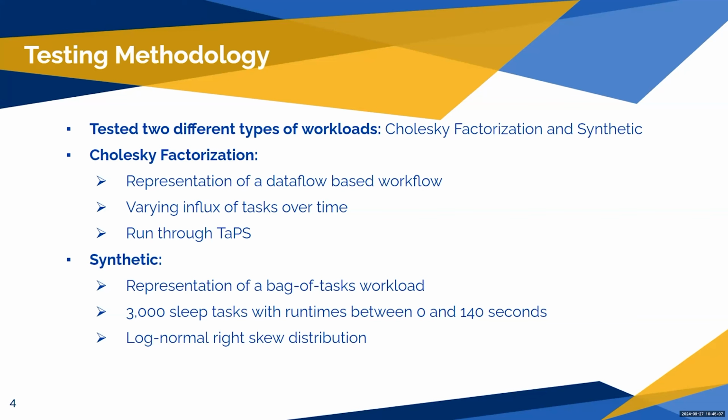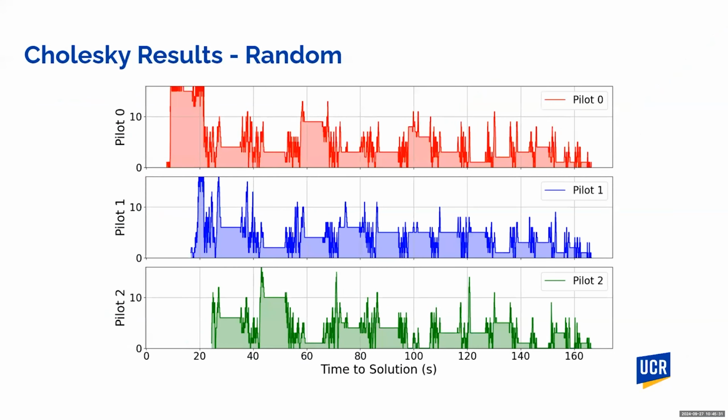This is run through the TAPS benchmarking suite, which is designed and managed by Greg. If he's in the room somewhere, huge shout out. The synthetic workload was a representation of a bag of tasks workload, for which I ran 3,000 sleep tasks with randomly generated runtimes between 0 and 140 seconds. The distribution is a log normal, right-skewed distribution. I'll put up a picture of that shortly.